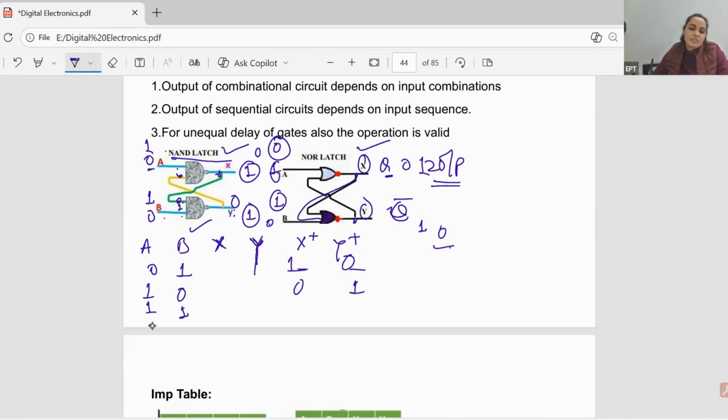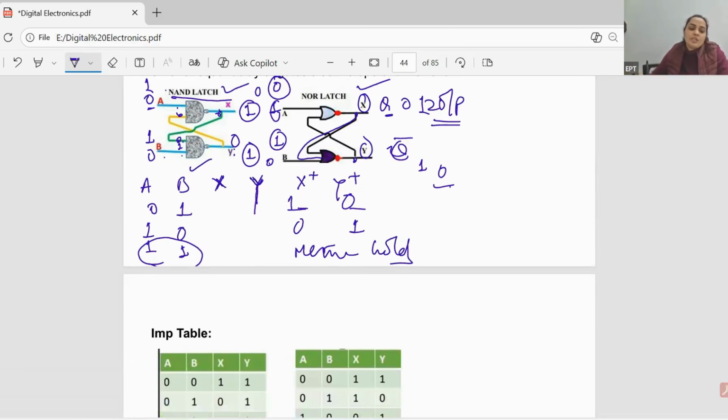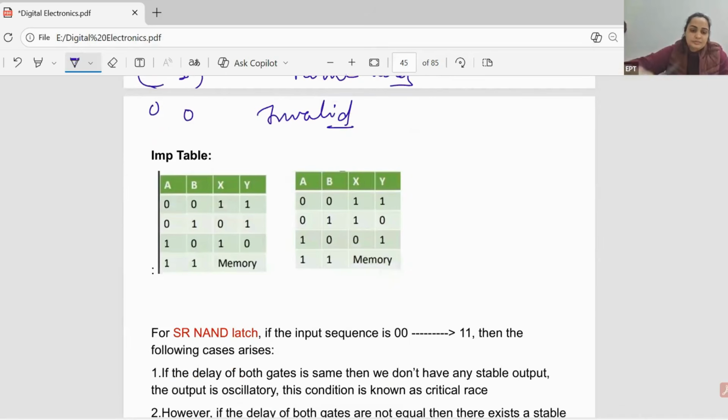So for this input combination, it will be in the memory state or hold state, because it is holding the previous value of the output, right? Now if both the inputs are 0, then what will happen? Output will be 1 1, which is an invalid state. You can see here, this is invalid.